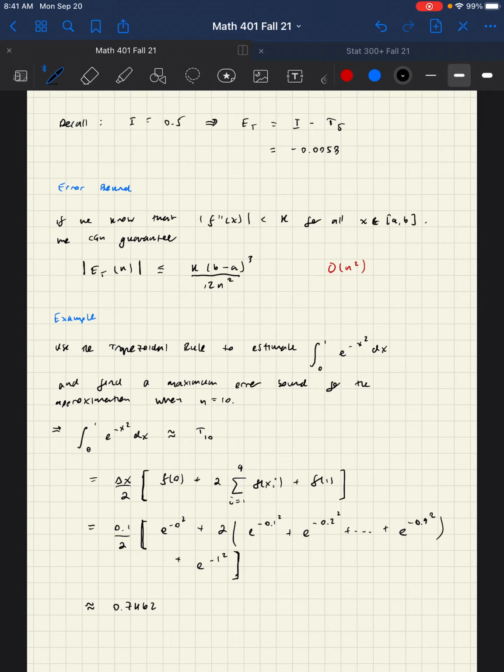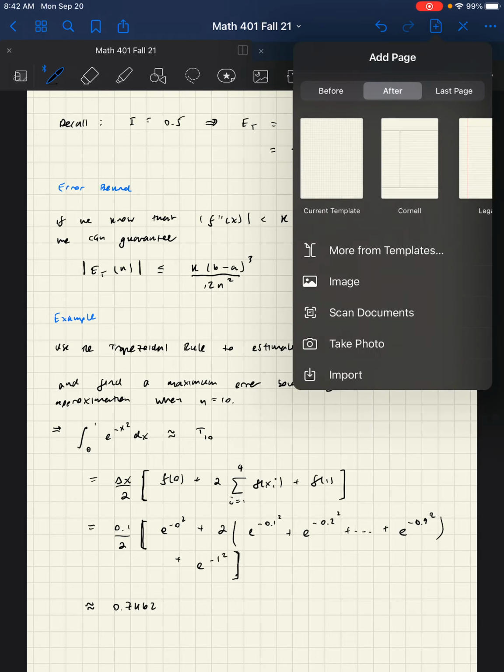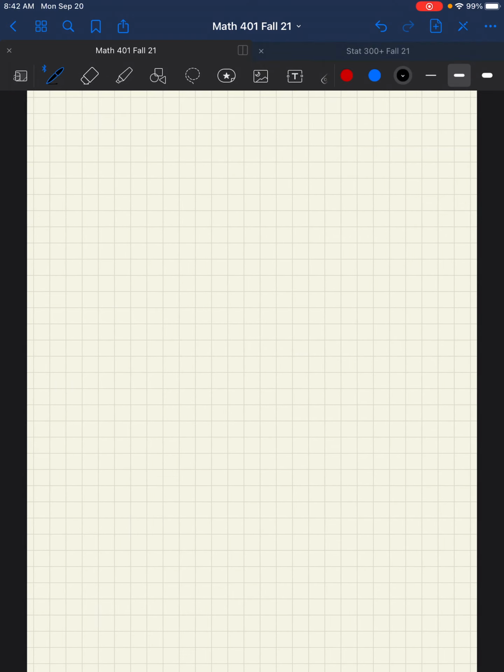The standard might be anywhere from 4 digits of accuracy to 6, maybe even greater. But okay, so this is our estimate. And now the question really is, what is the maximum error bound for this? How far away is this possibly from the actual value?